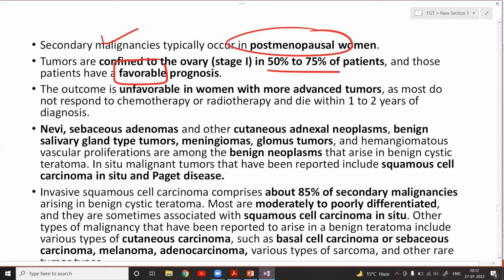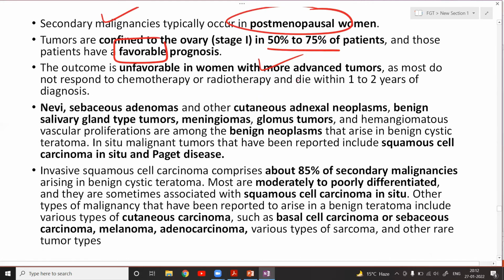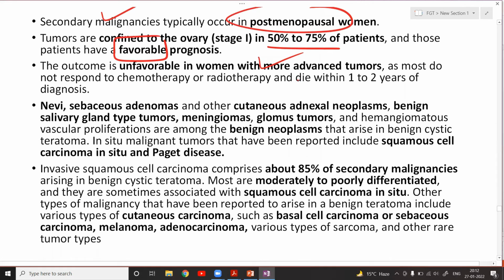The outcome is more unfavorable in women with advanced tumors, as we have seen. Now, what other tumors develop over here? So I just wanted to tell you, not only malignant tumors, but also other benign tumors can be associated with benign cystic teratoma or with teratoma.